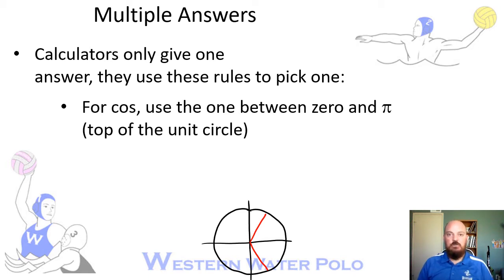Now sine and tangent are a little bit trickier. Sine, you get that same mirror image, but for inverse sine, you get one on the right and one on the left. And we want the one on the right. For inverse sine, we're going to take the one on the right. But see, here's the problem. When you're doing inverse cosine, you're taking the one off the top, it's between 0 and pi. But that doesn't really work if you're taking the one from the right.